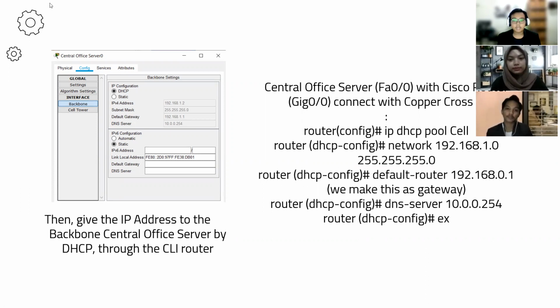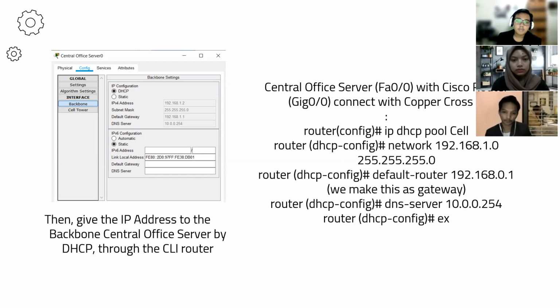Central office server FA0/0 with Cisco router Gig 0/0 connect with copper cross cable. For the configuration, it is router config, ip dhcp pool cell, router dhcp config network 192.168.1.0. For the subnet mask it is 255.255.255.0.